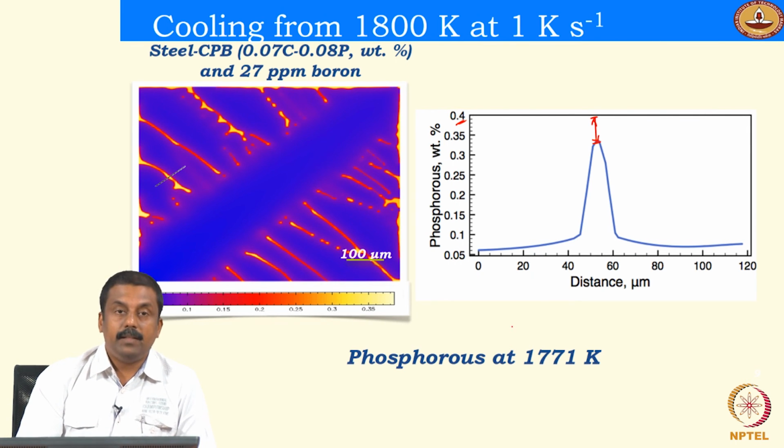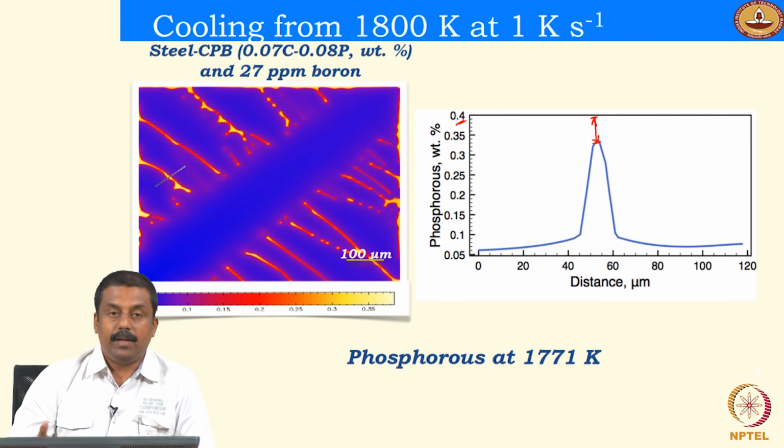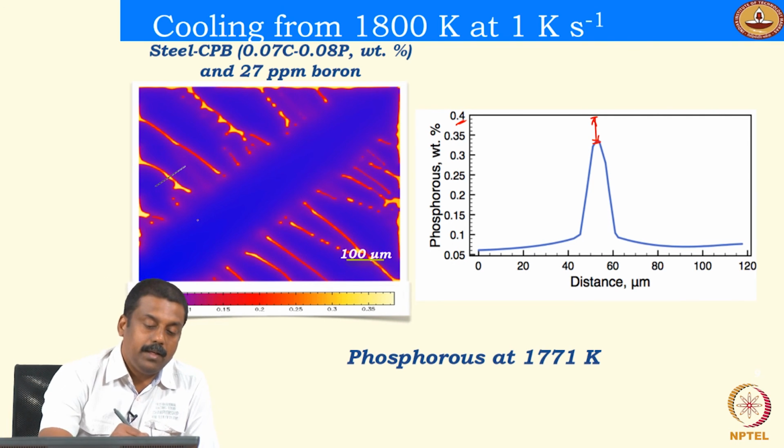So what does it mean then? The addition of boron favorably reduces the segregation of phosphorus at dendritic boundaries. Once the boron atoms segregate at the solid-liquid interface, they stop the phosphorus atoms from coming to the boundaries. The diffusion of boron is much more rapid than phosphorus, so boron atoms can readily diffuse from the delta ferrite to the solid-liquid boundaries.